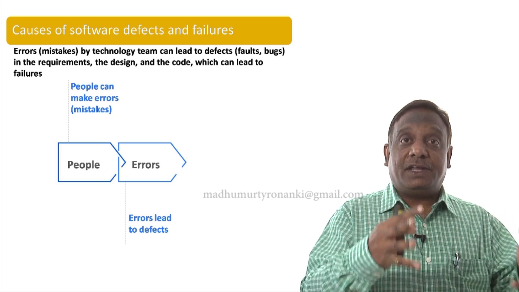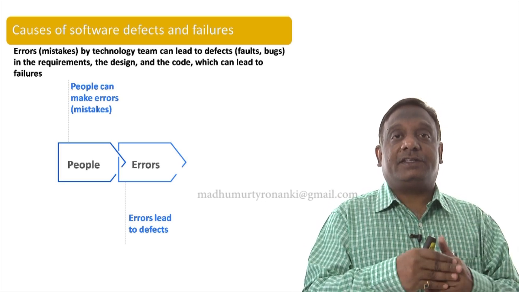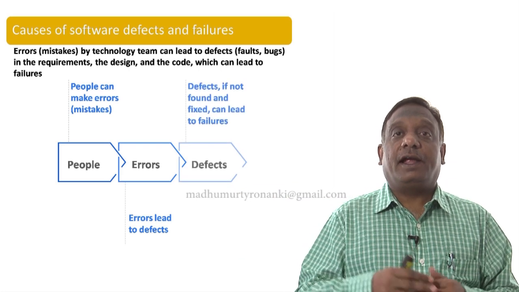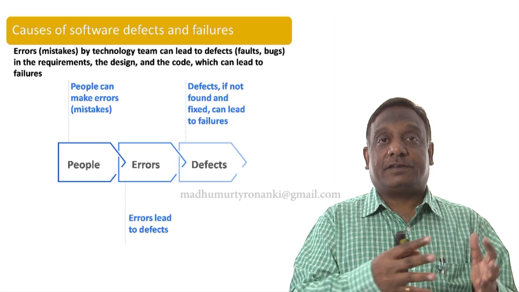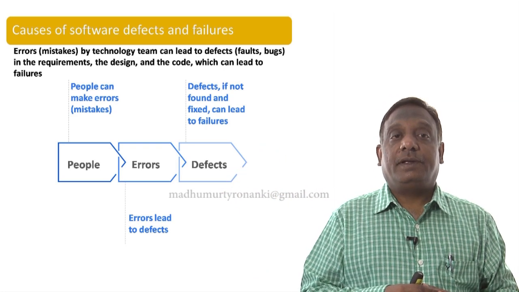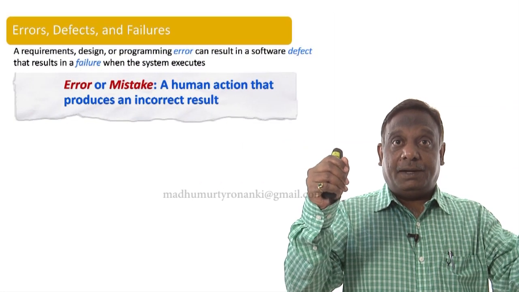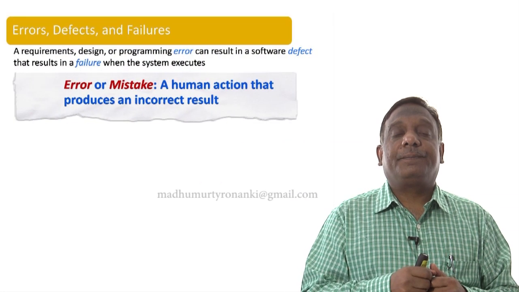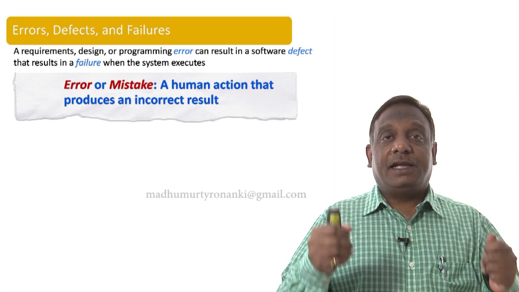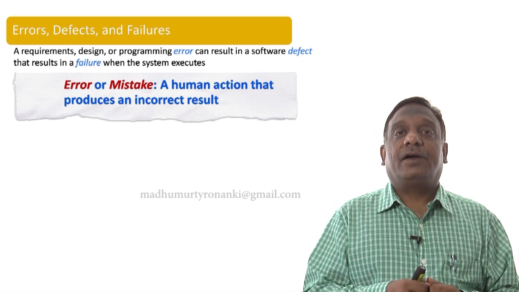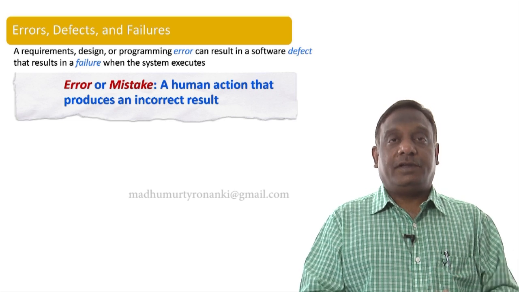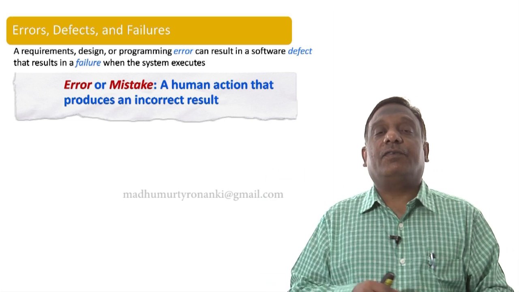That is a mistake committed by a business analyst, and that can lead to a lot of defective coding, and those defects, if they are not found and fixed before it goes to end usage, can lead to a lot of failures. So error, keep it in mind, is a human action that produces an incorrect result, or people making mistakes is called error. And errors are the root cause of software defects as well as software failures.